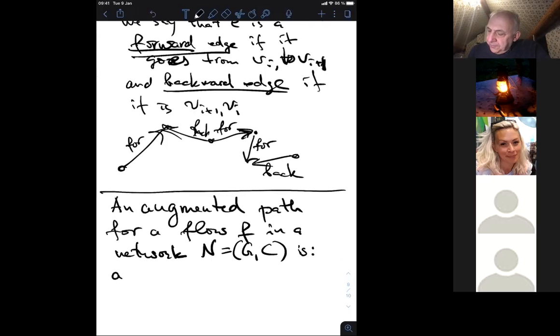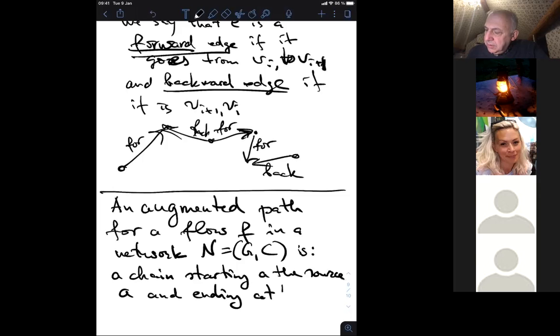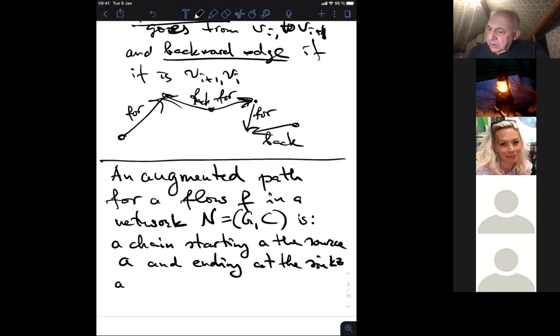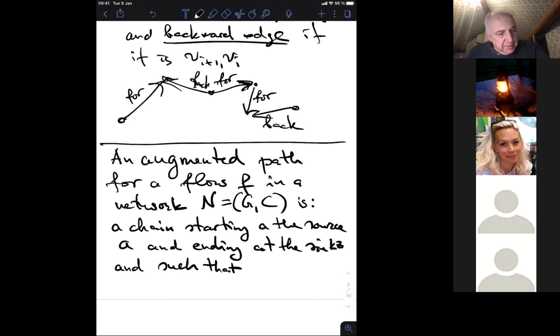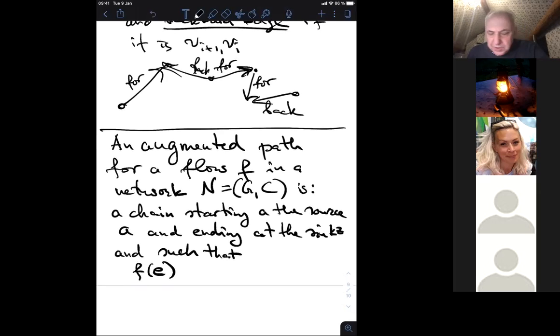Okay, it is a chain starting at the source A and ending at the sink Z, and such that, if E is an edge in this chain, f of E should be smaller than the capacity of E for all forward edges.